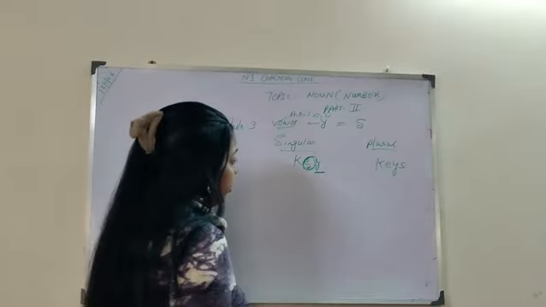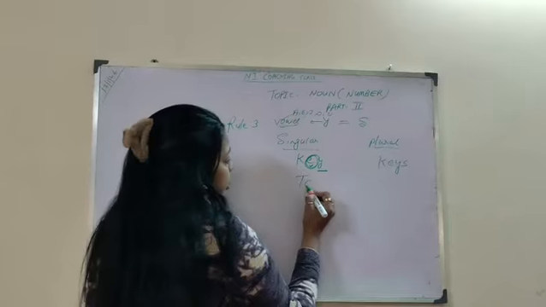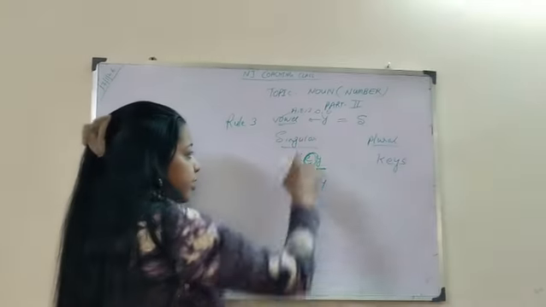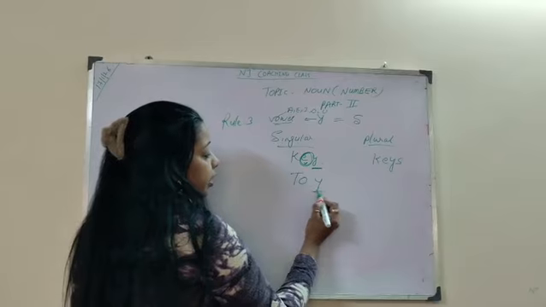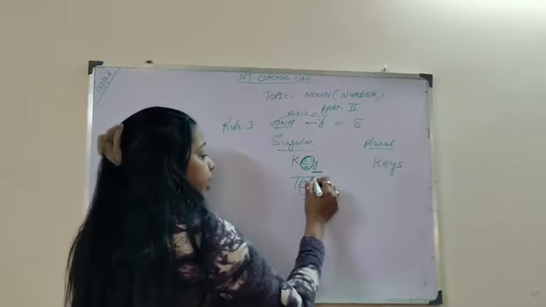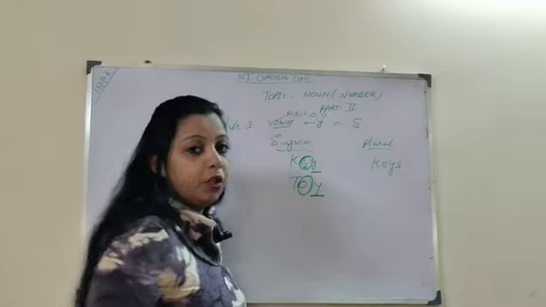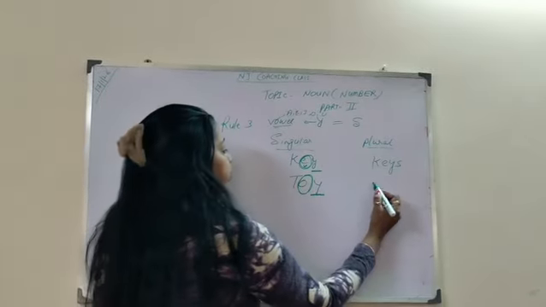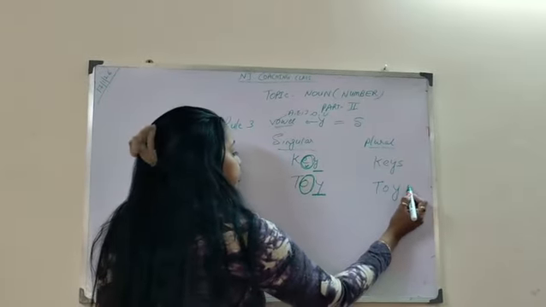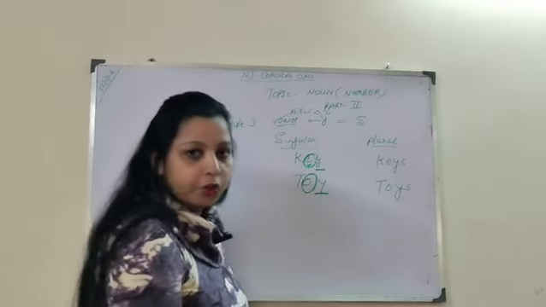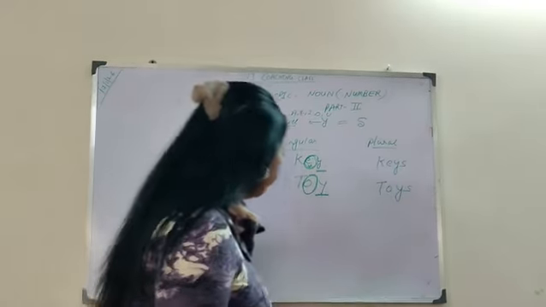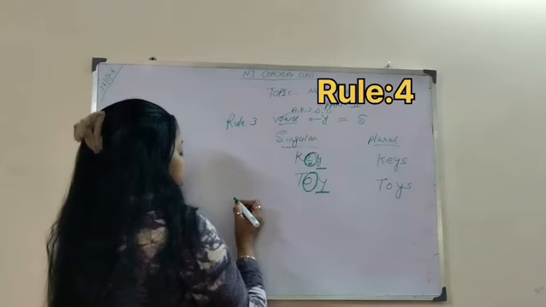Okay, let's go to one more example. Toy. In singular the word ends with y and before y there is a vowel o. So according to our rule number 3 we have to add only s. Toys. Clear?